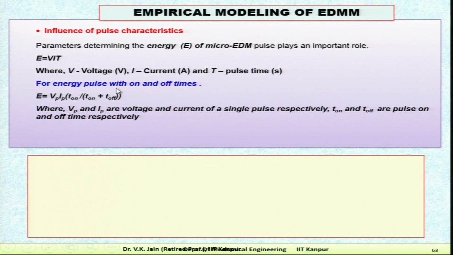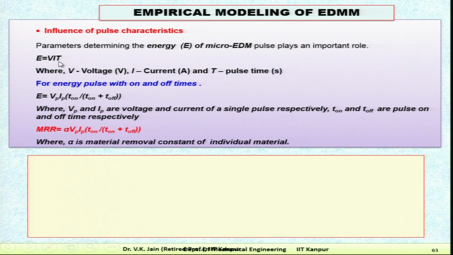For pulse energy with on and off times, this equation can be modified to E = Vp Ip × Ton/(Ton + Toff), where Vp and Ip are the voltage and current of a single pulse respectively, and Ton and Toff are the pulse on time and pulse off time respectively.